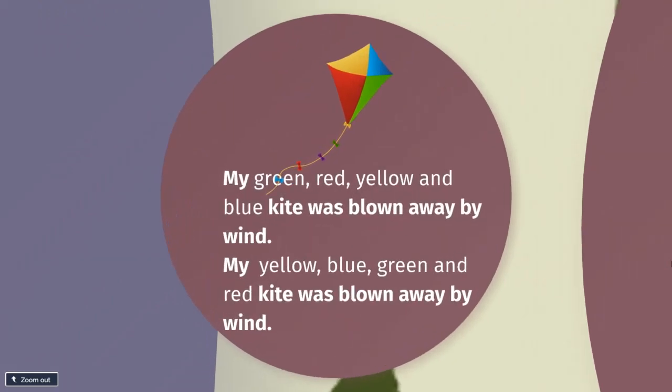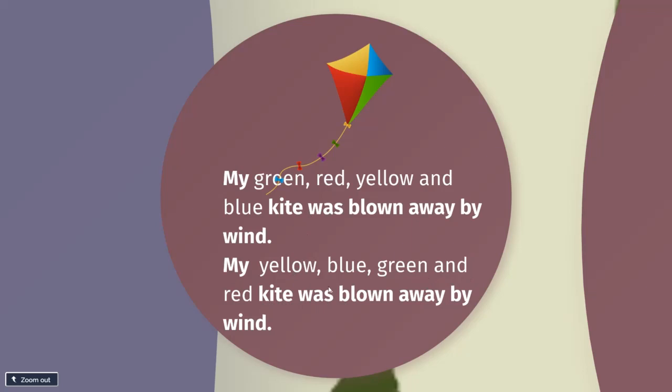See, we have another example. My green, red, yellow and blue kite was blown away by wind. Over here you can see all these adjectives are separated by commas, and before the last adjective I have put and. So this is how you have to do it. In the second sentence, the sequence of the colors has changed. My yellow, blue, green and red kite was blown away by wind.